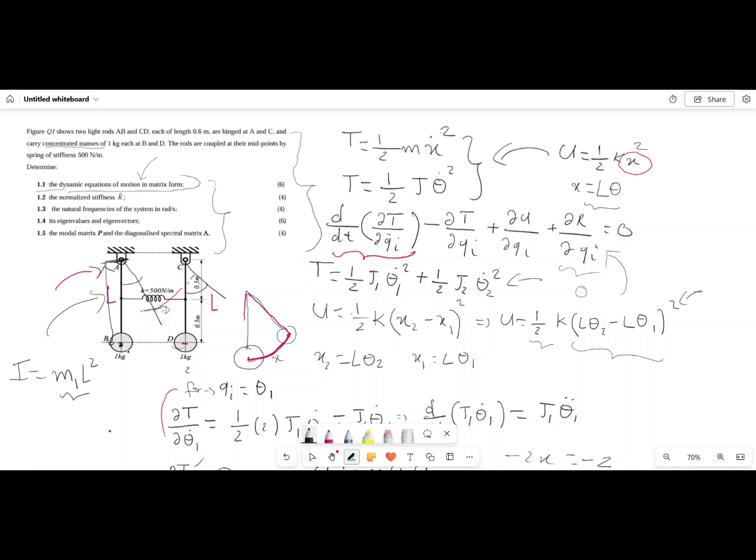If we don't have a pivot point, does the moment of inertia formula remain the same? No, here is the thing: you cannot have a moment of inertia without a pivot point.